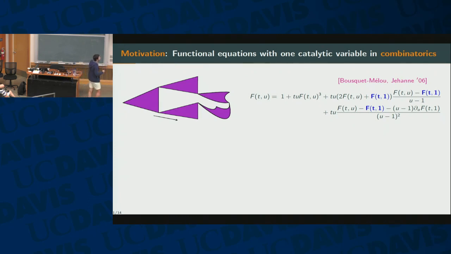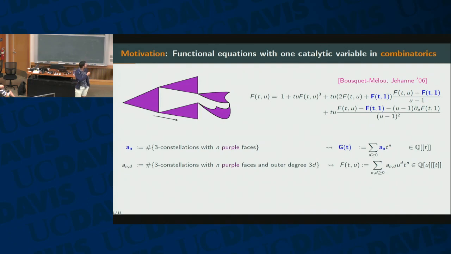Let me try to explain in what context such an equation appears. Here I am interested in enumerating such objects. So I introduce the sequence a_n, counting the three-constellations with n purple faces. What is usually done in enumerative combinatorics is to refine the enumeration of interest to make the study easier.